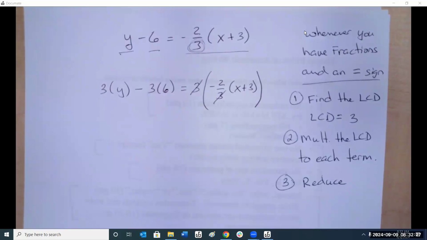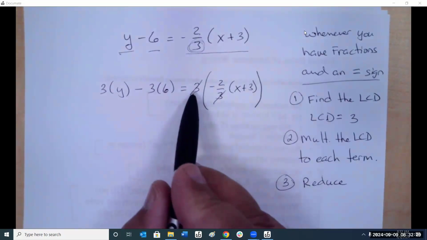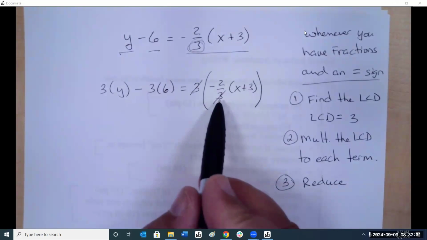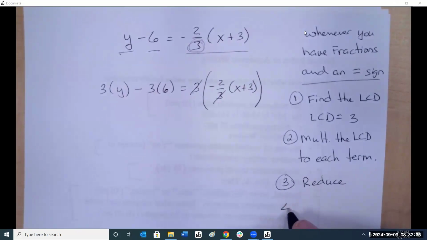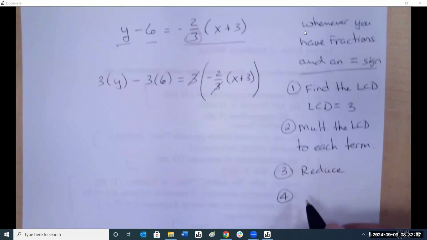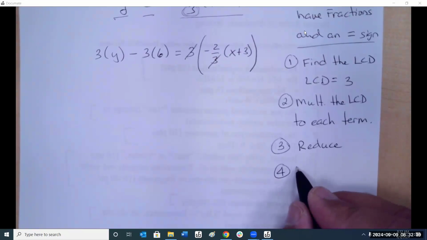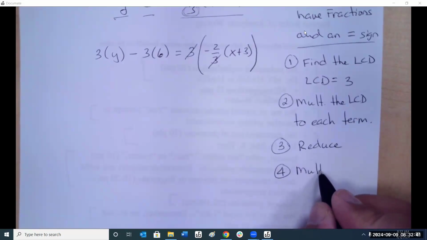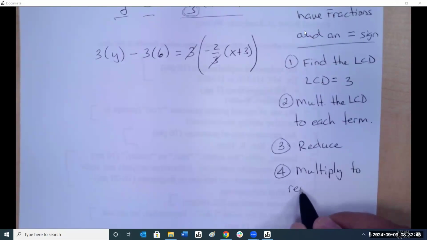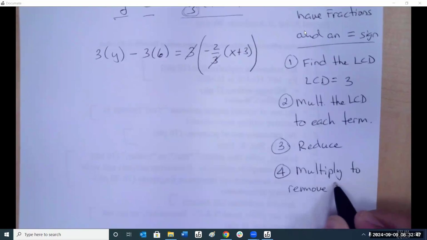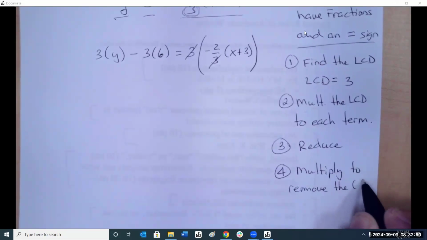And we know it has to cancel because this is the LCD. It has to be part of the denominator there. Step 4 is multiply to remove the parentheses.